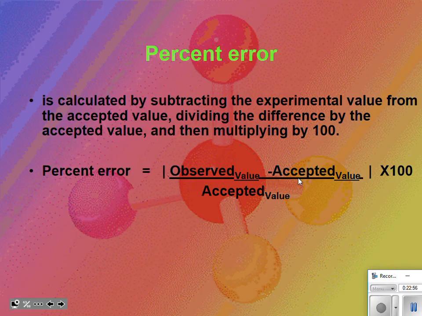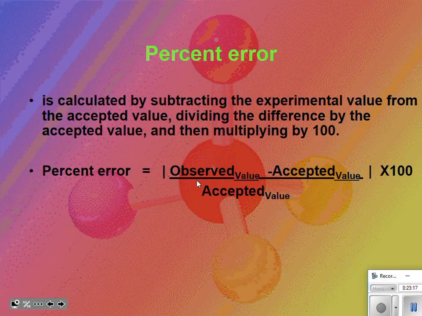If I get a positive number, it tells me that the observed value was higher than the accepted value. So that's why when I use it, I don't use absolute value. I use the pluses and minuses.